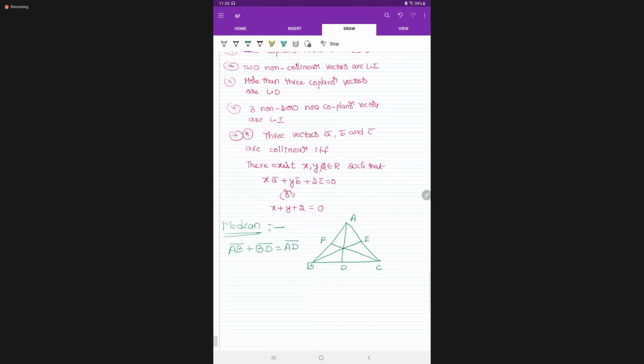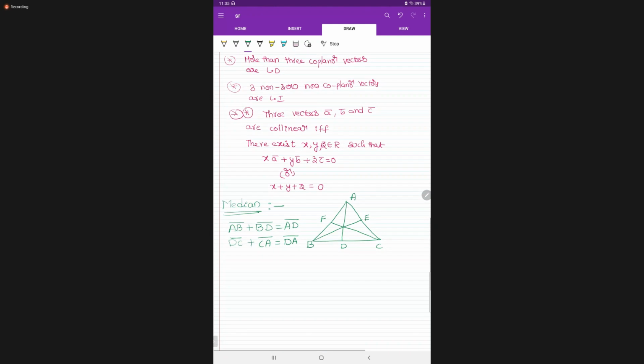Next, ADB: AB bar is equal to DC bar plus CA bar. From this, AD bar is equal to minus DC bar minus CA bar.